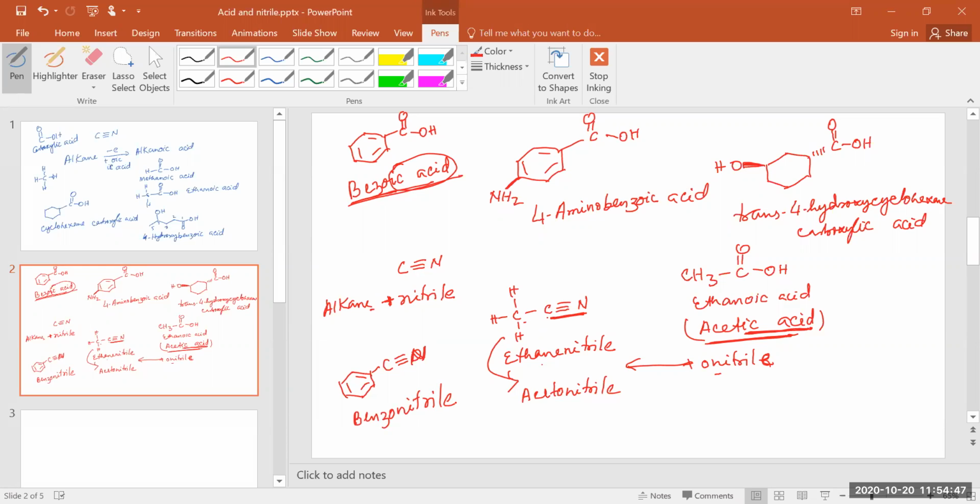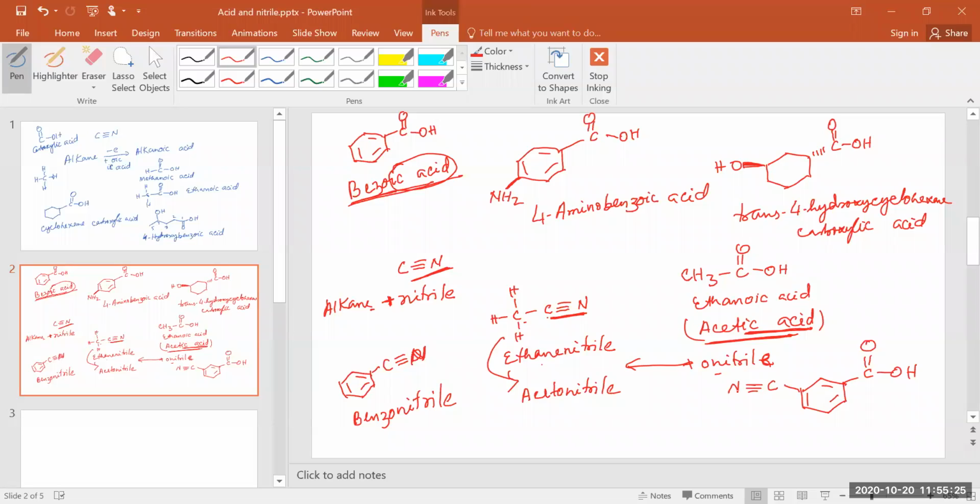But if the CN group is not the root molecule, it becomes a derivative, a low priority functional group, then it becomes cyano. Like this molecule here, if nitrile and acid both are there on benzene here, CN.